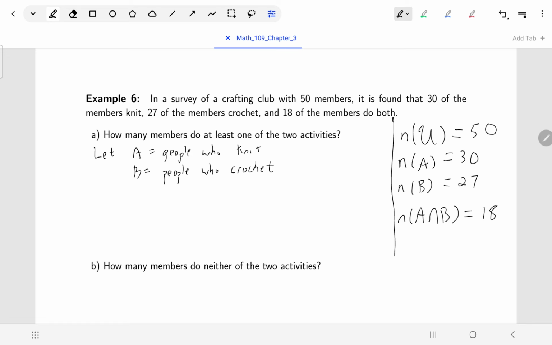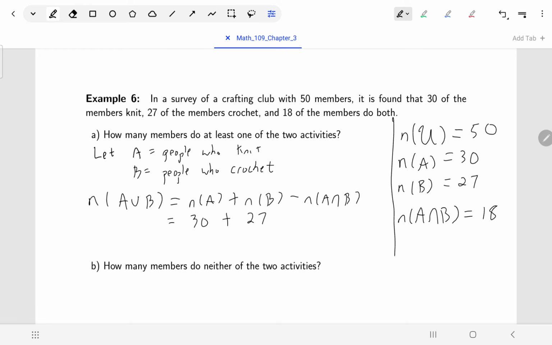So if I'm interested in the number of people who knit or crochet or do both activities, in other words, doing at least one of the two activities, A union B, using my inclusion-exclusion formula, I'd take the number of things that are in A plus the number of things that are in B minus the number of things in A intersect B. So I have 30 people who knit and 27 people who crochet.